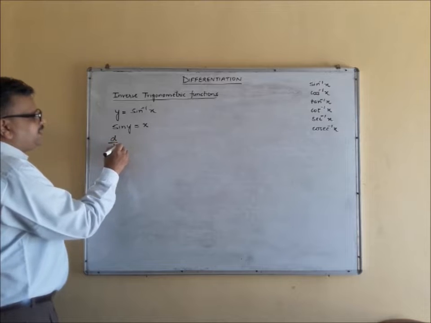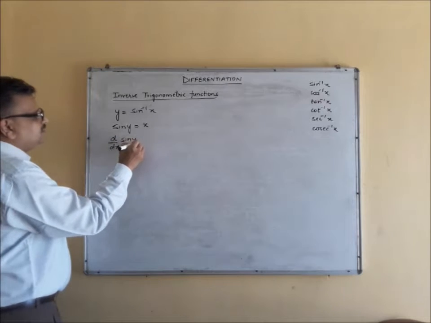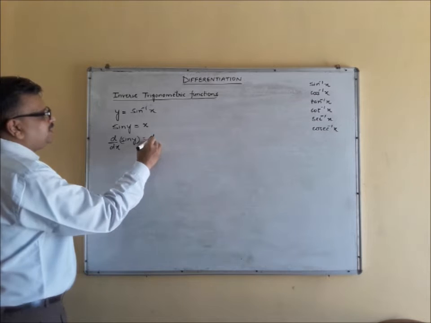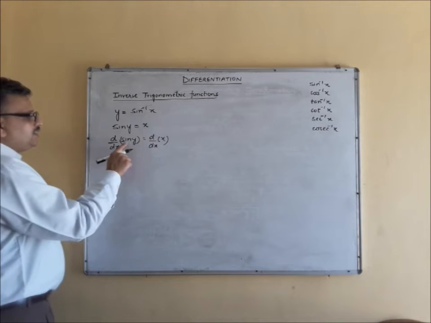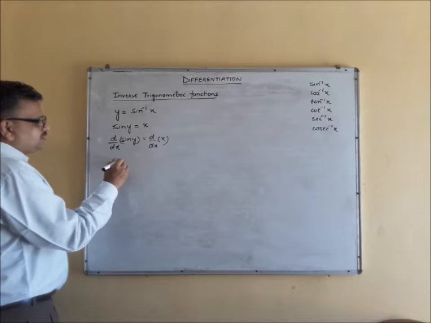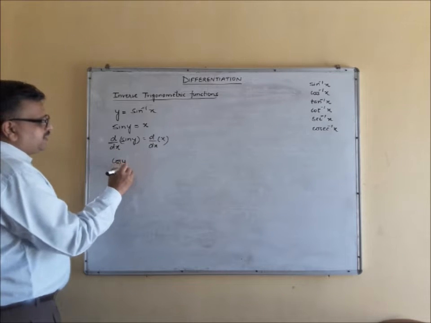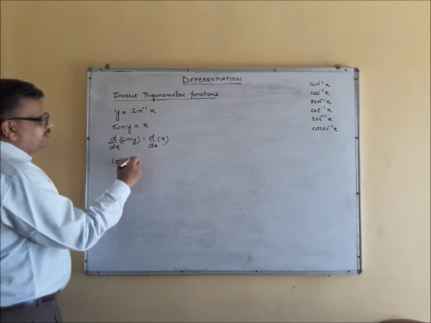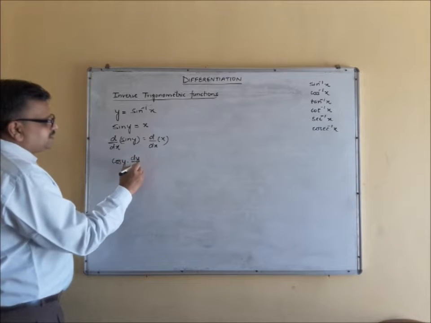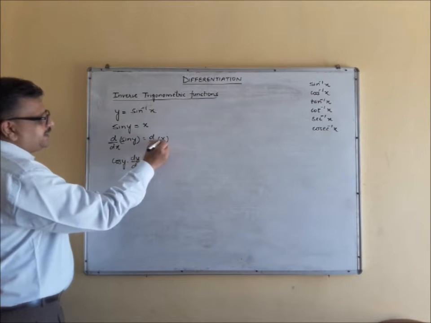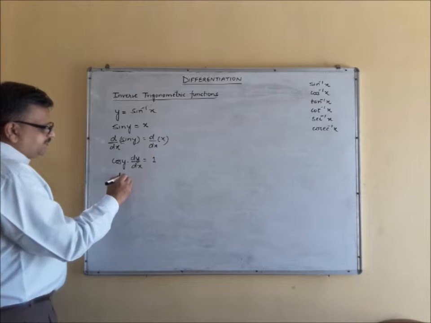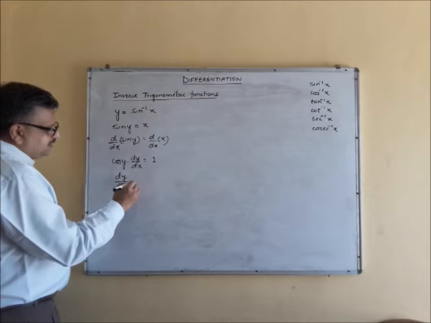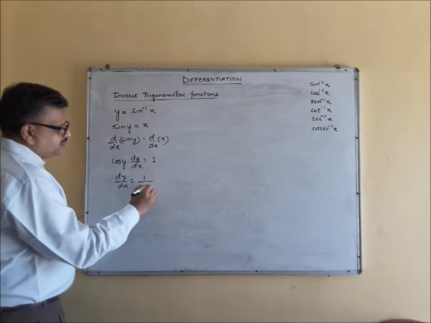So d by dx of sine y equal to d by dx of x. Derivative of sine is cos. So it is cos y into derivative of y, dy by dx. The derivative of x is 1. So we get dy by dx equal to 1 upon cos y.